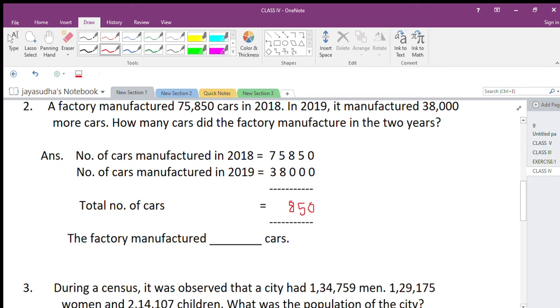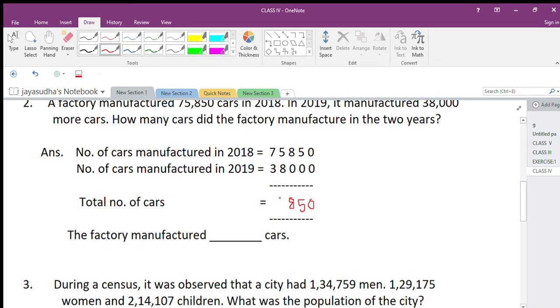Then 8 plus 5 what? You add 8 plus 5. 13. 13 means you have to write 3 only here. Then you carry over 1.